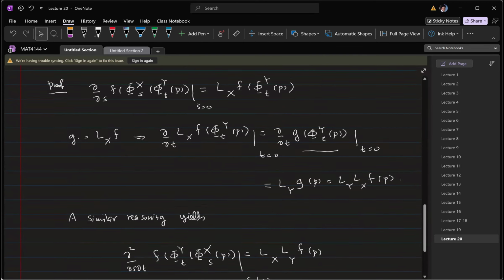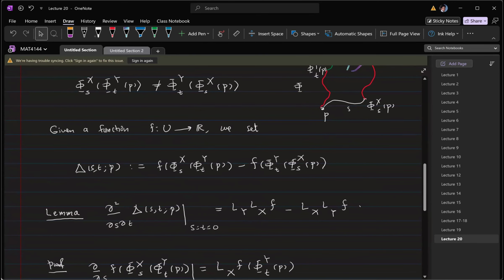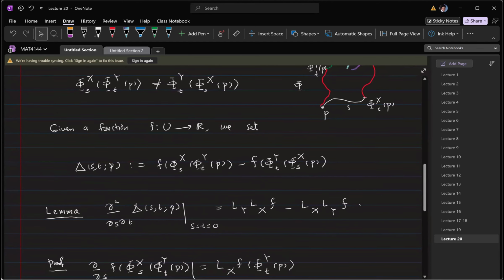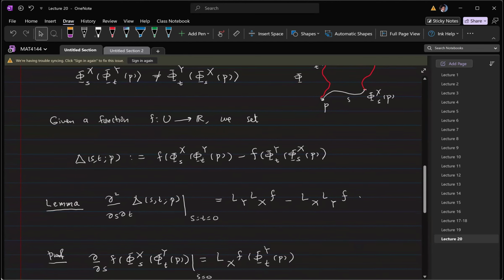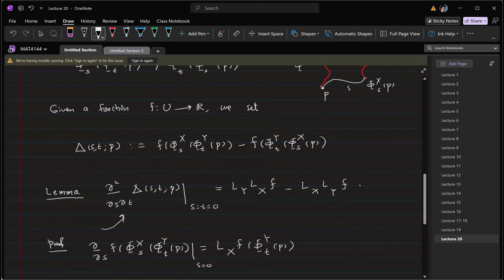So the second derivative gives you the commutator of these two operators, L_x and L_y. So you're already getting close to Lie algebras, right? Now, more interestingly, even though I did second derivatives here, this commutator really is a vector field. It's given by some L_z. In other words, it's an order 1 differential operator.